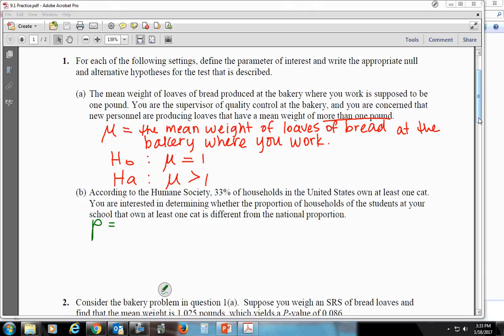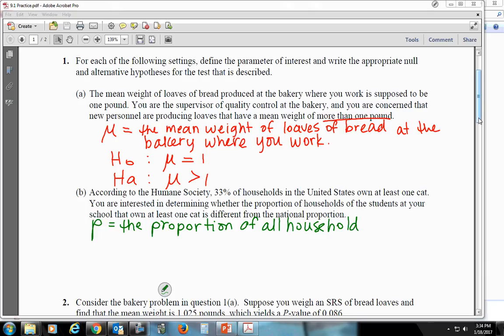It's the proportion of all households where? Yeah, we have to say at our school, unfortunately, because it's the population of interest, not just population. So I really care about the households from my school, not just all U.S. households.